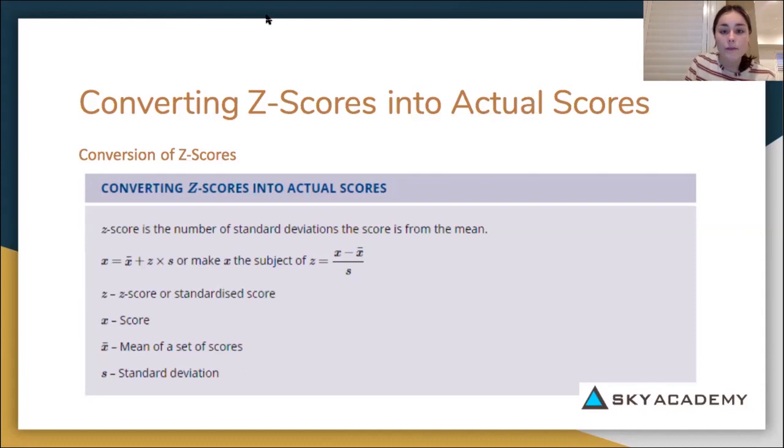If we have a look at the blue box, we can see the definition for what a Z-score is. We looked at that in the previous video, but a Z-score is the number of standard deviations the score is above or below the mean. And this formula here was the Z-score formula.